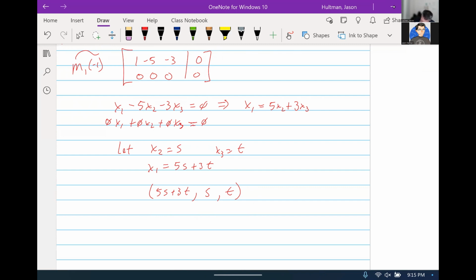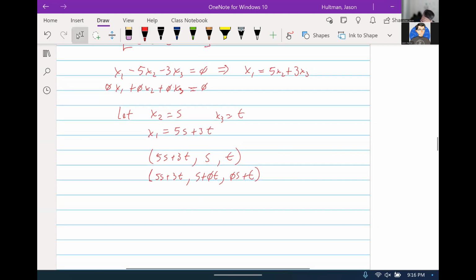Let's rewrite this guy as 5s plus 3t, comma, s plus 0t, comma, 0s plus t, right? And so this we could rewrite as 5s, comma, s, comma, 0s. We could do 0s there.